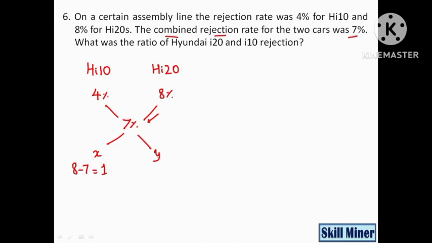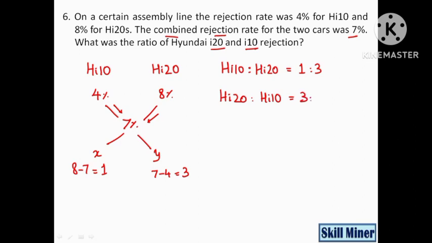As per allegation rule, the value of y will be 7 minus 4, which is equal to 3. So high 10 to high 20 ratio will be 1:3. In the question, they are asking ratio of i20 and i10 series. Then the ratio of Hyundai i20 to Hyundai i10 series will be 3:1.